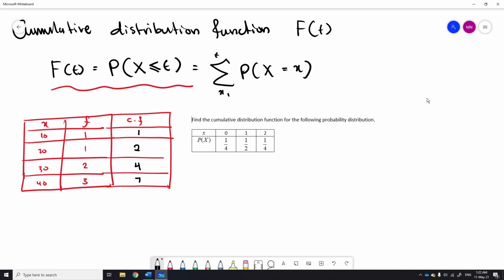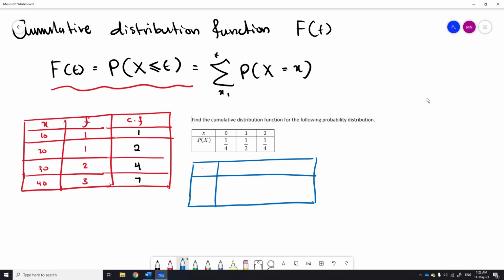We are given with the table of value of x and the probability of x. So we have 1 over 4, 1 over 2 and 1 over 4. Now let's change this table into cumulative distribution function table.